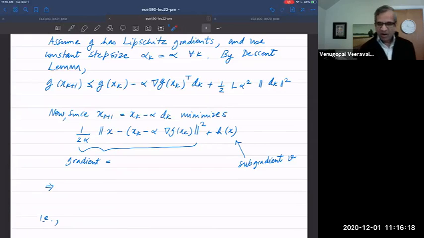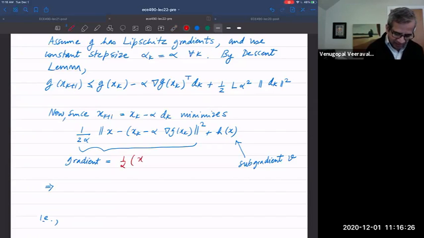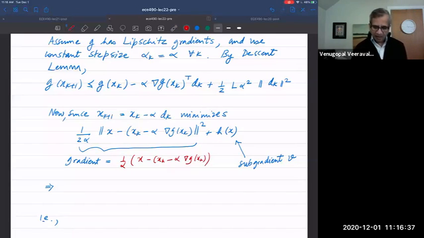So let's first compute the gradient of the first component. This is going to be 1 over alpha times x minus xk minus alpha. So that's the gradient of this guy. And the subgradient, let's call that v, and v belongs to some subgradient of h of x.